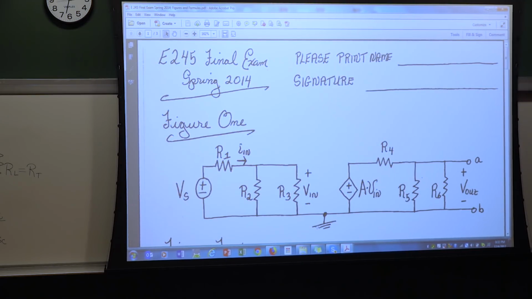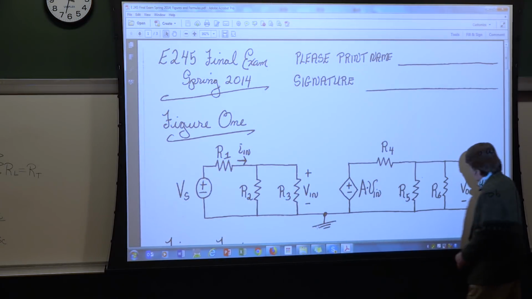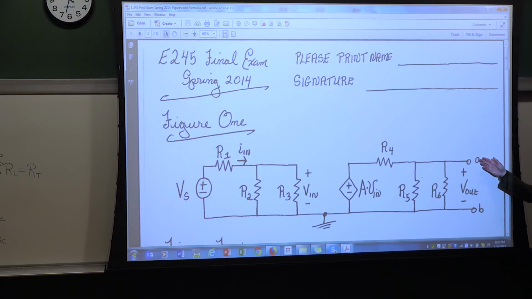See, on the extreme right, notice we have, let me stand on this side so I'm not casting a shade. This is A and B. So this is where we're going to put the load resistor. So V out here is V open circuit. And we calculated that in part A. So I'm good on that.